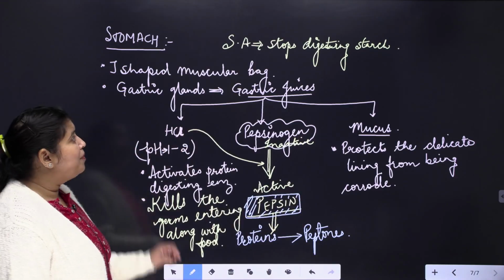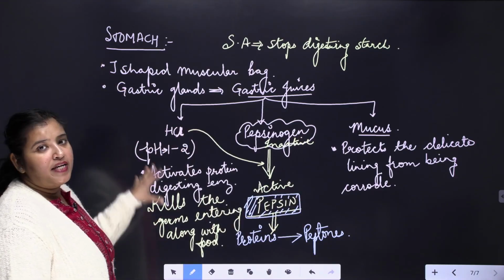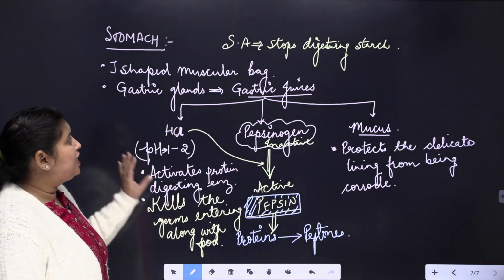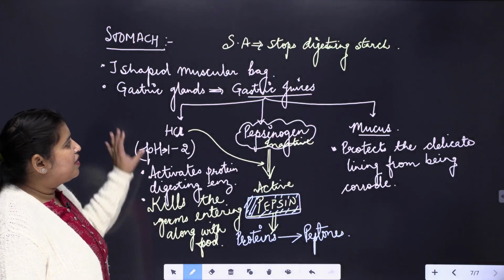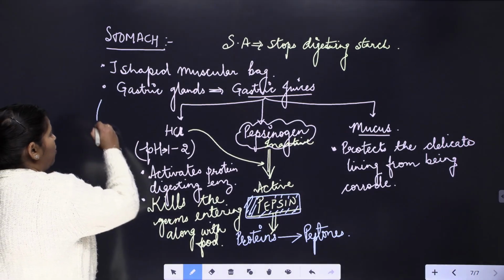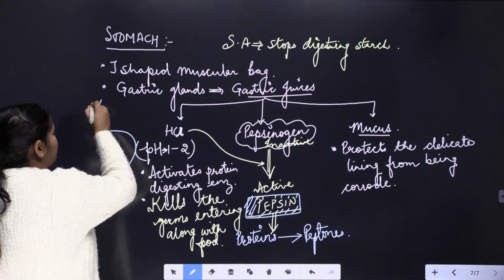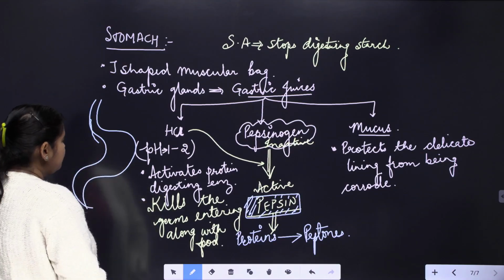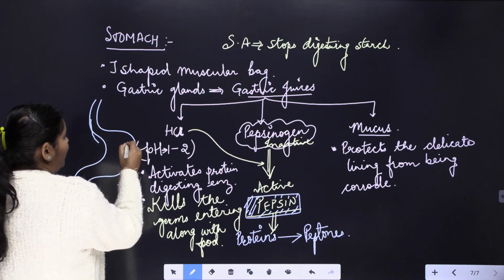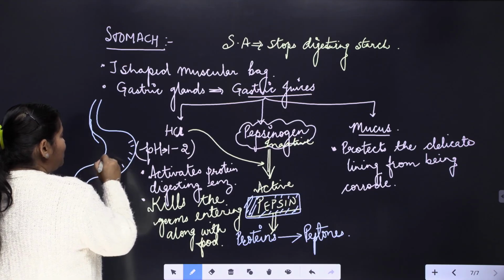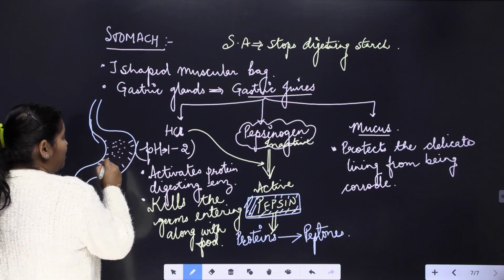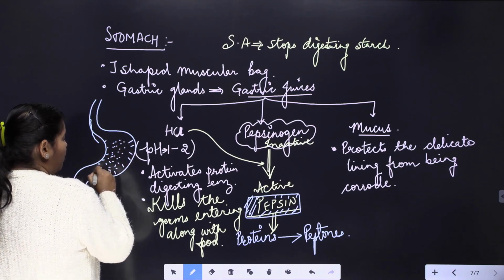I hope this part of the stomach, the digestion which is taking place, is clear to all of you: that it is a J-shaped muscular organ in continuation with the esophagus. All right. And here the gastric glands are present, which release the gastric juices in the cavity, the hollow muscular bag.